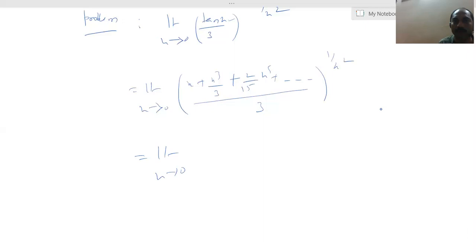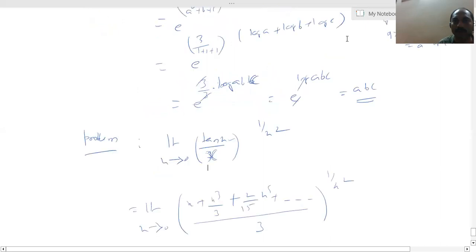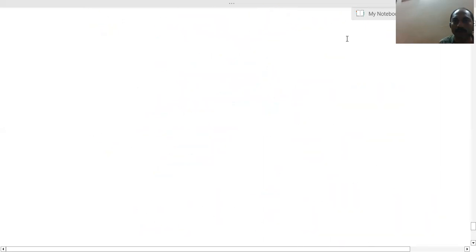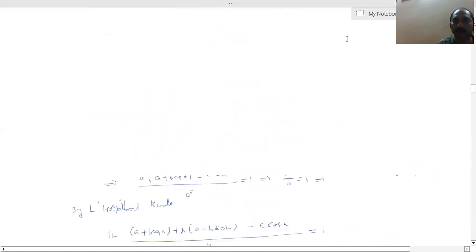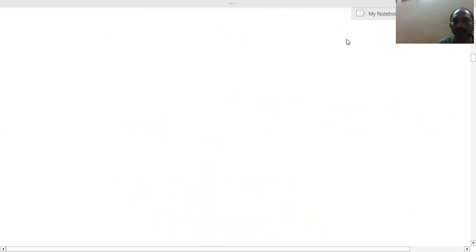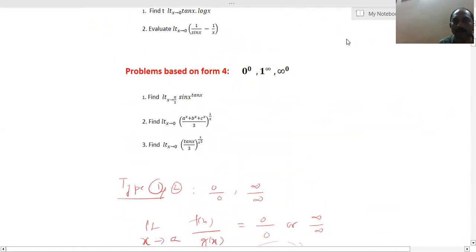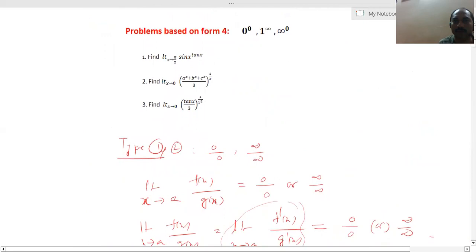Here the problem itself is wrong. That's why we get the wrong answer. Maybe I chose x here. See, in the typed question, it is better. I entered the typed question wrongly.